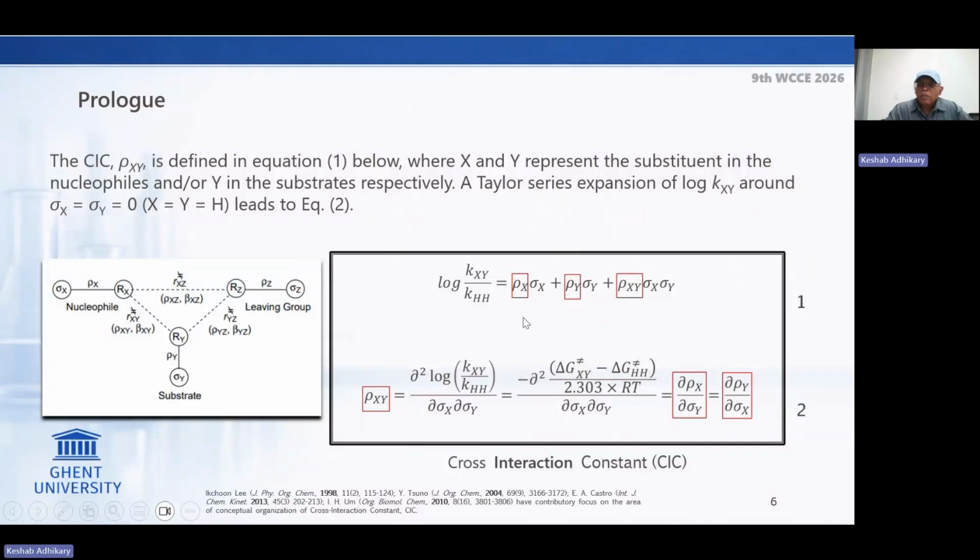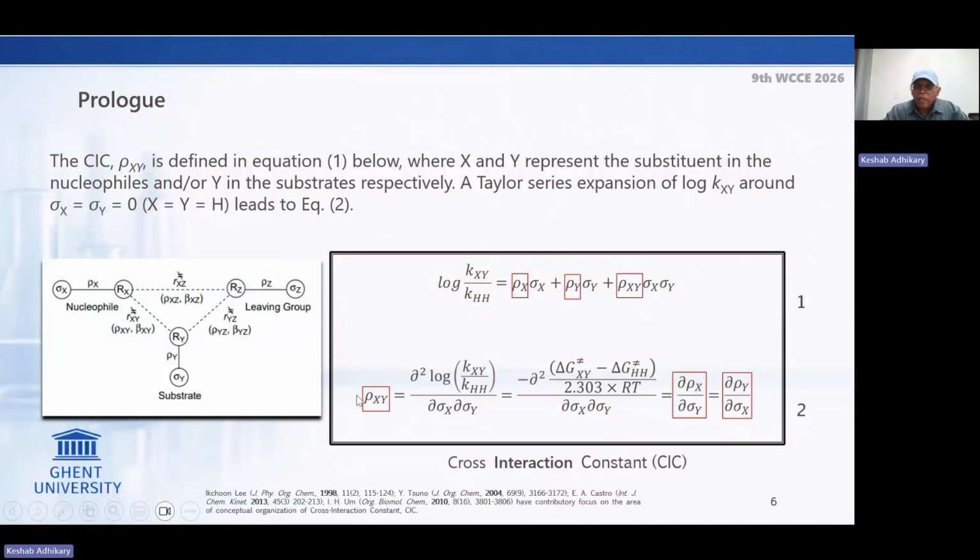The Taylor function was considered in this case for first order using the kinetics. We calculate the reaction constant rho X using the nucleophilic Hammett substituent constants, and rho Y for the substrate Y substituents' Hammett constants. We also use the pK value for the nucleophile, and in this case we find the beta X value.